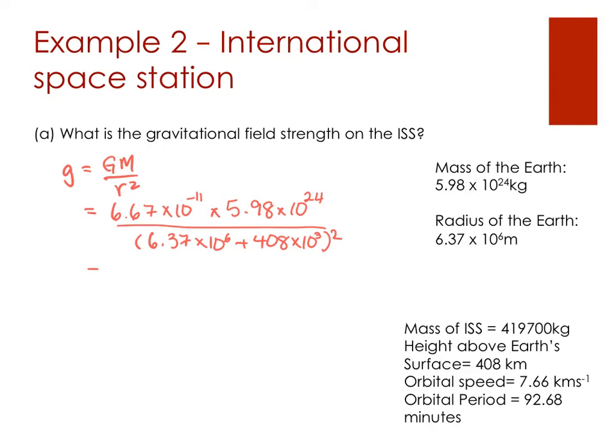This happens a lot in this unit, especially when we do topic 10 for the HL. A lot of the time they give the distance as measured from the Earth's surface. So our total distance is the radius of the Earth plus 408 kilometers. Take a look at the units, make sure they match.